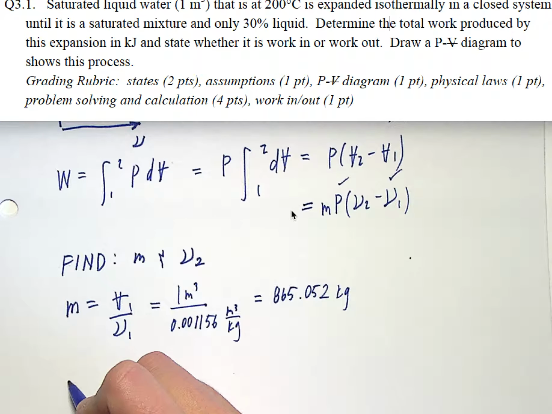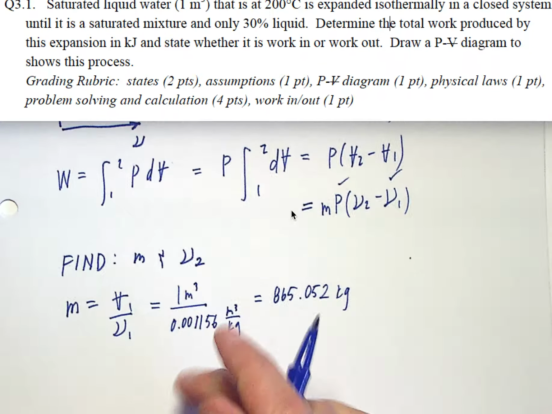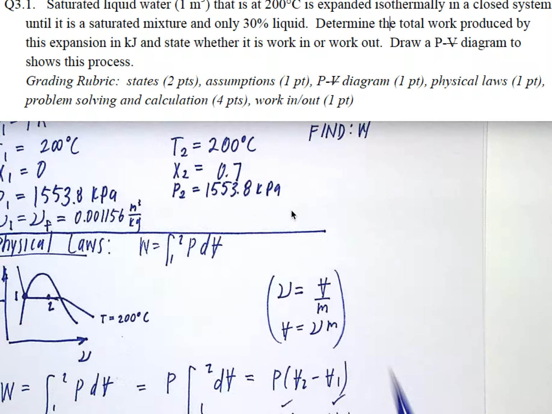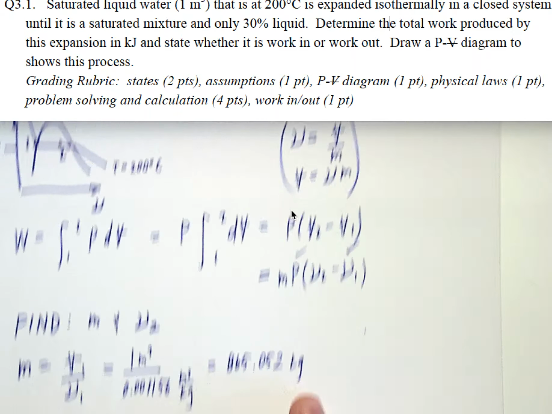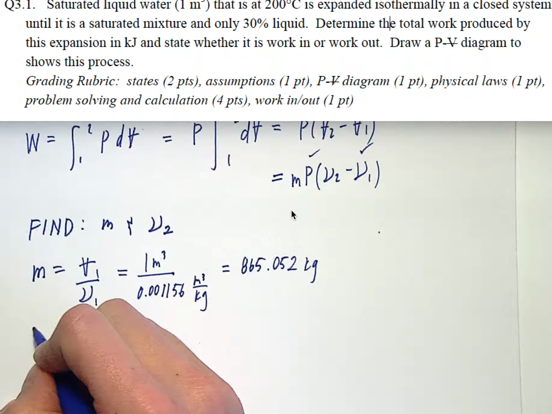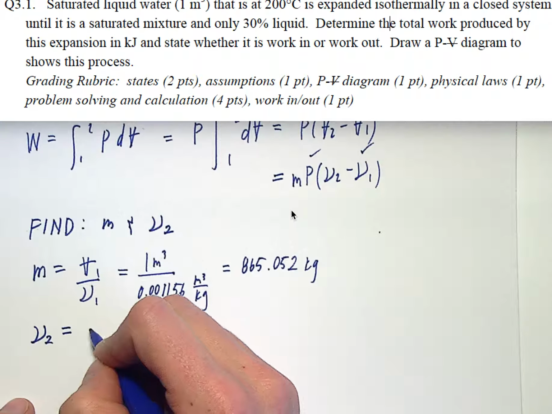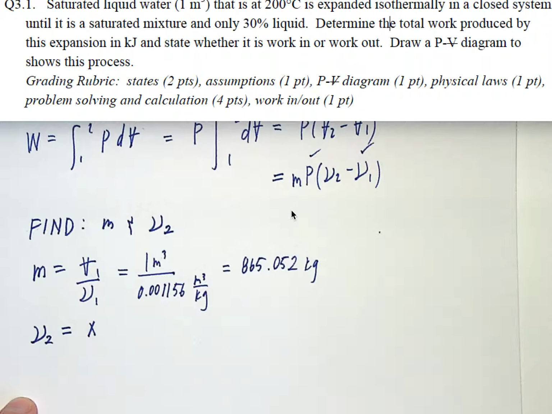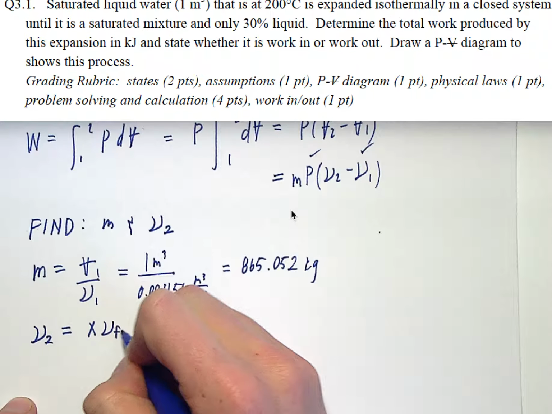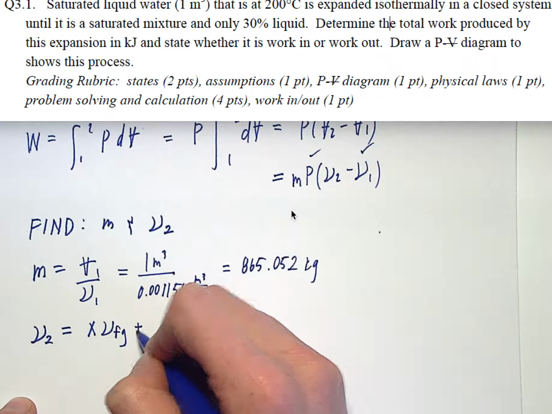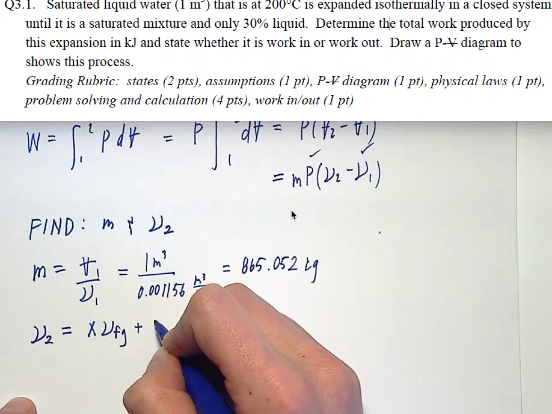For v2, we're going to need to use the information here to determine v2. So we know the quality. So remember the equation when you have a saturated mixture is you're going to take x and multiply it by vfg and add vf.